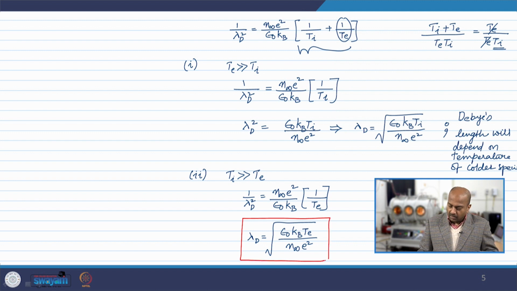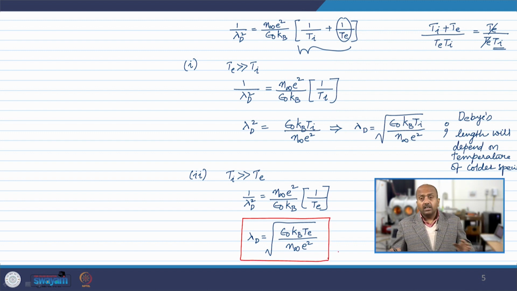It will be decided by the colder temperature, or the temperature of the species which is colder, right. So, that is why we have these two expressions, lambda d as a function of Ti when electron temperature is large, and lambda d as a function of Te when the ion temperature is large.